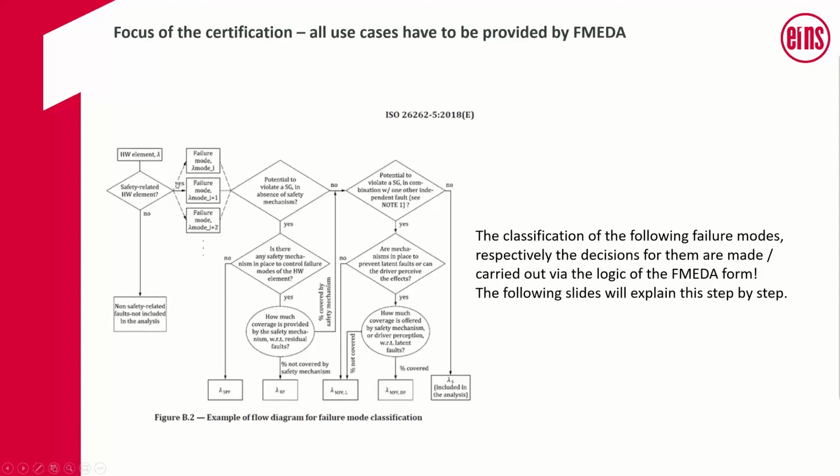If you decide it is safety related, then we were looking for our failure modes, and we had assigned safety goals to our failure modes, and per safety goal and per failure mode, we had made the decision: are you a single point fault? If no, then you go to the next one.